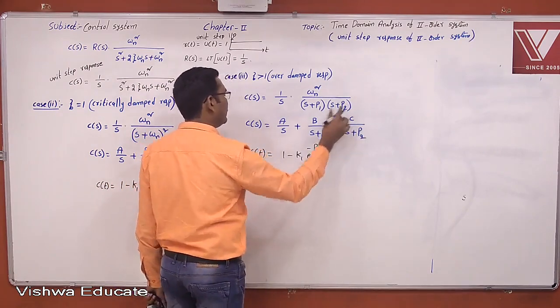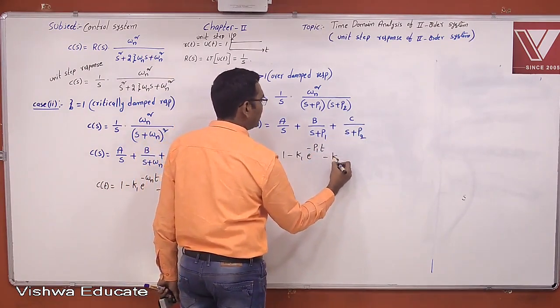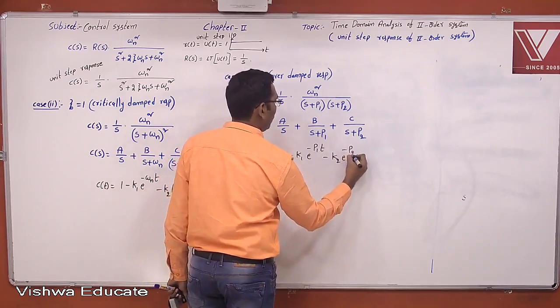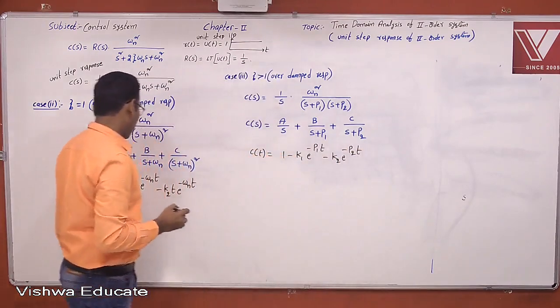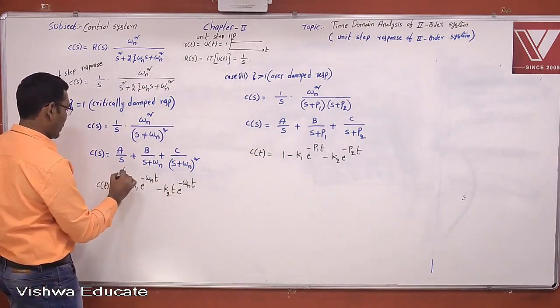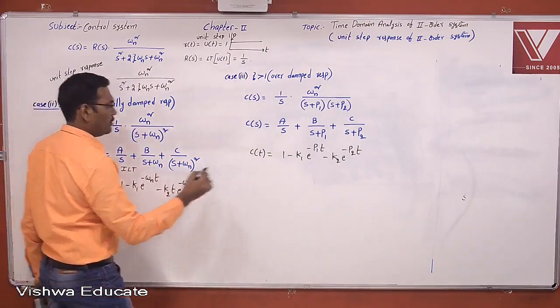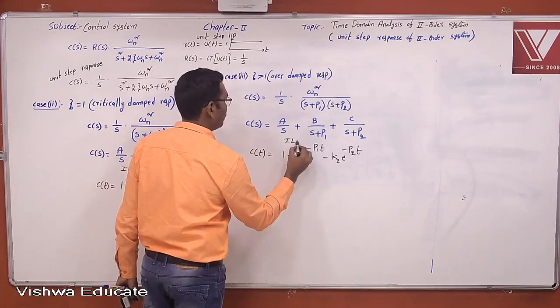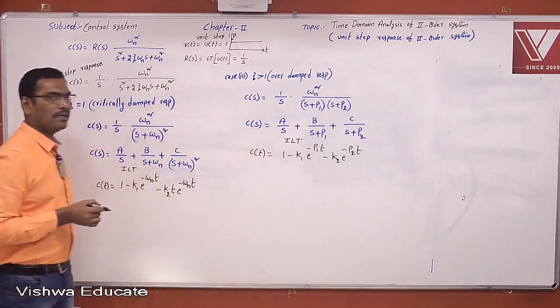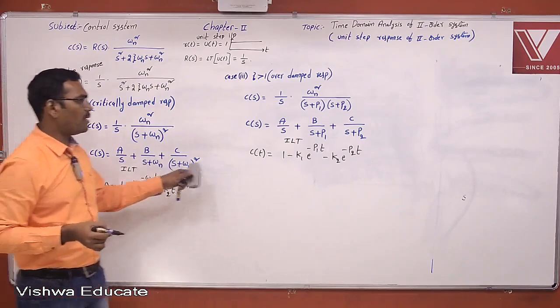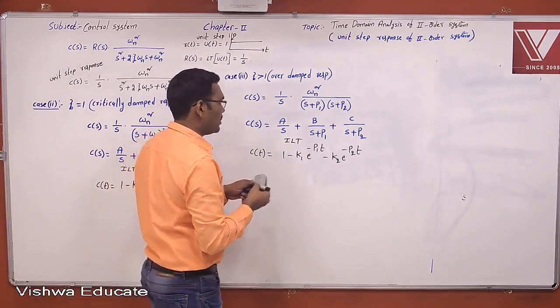There is no need to take the insignificant pole, or you can take it also, not a problem. So now you see these are 1 minus exponential decaying responses.